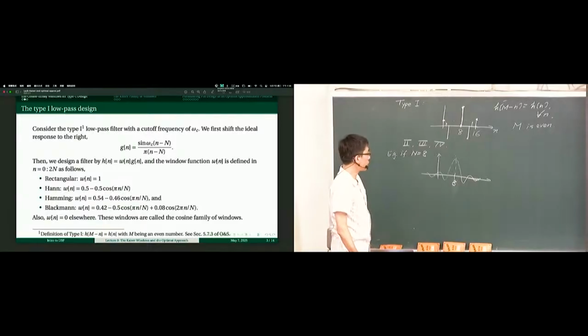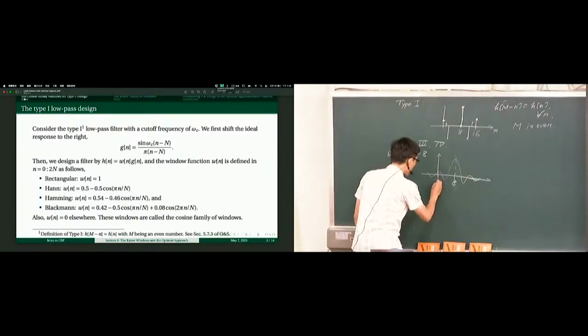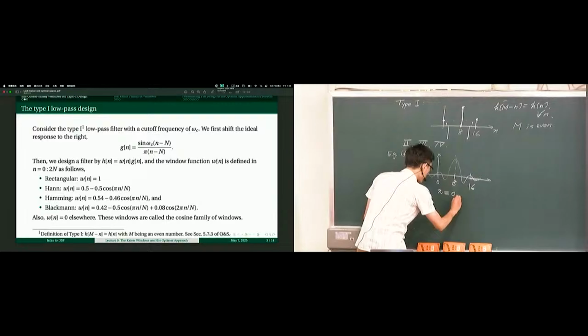And then now we keep the part, in principle, we still keep the middle part. But now we require the middle part to start from time 0 and end at time 16. So now we focus on n from 0 to 16.